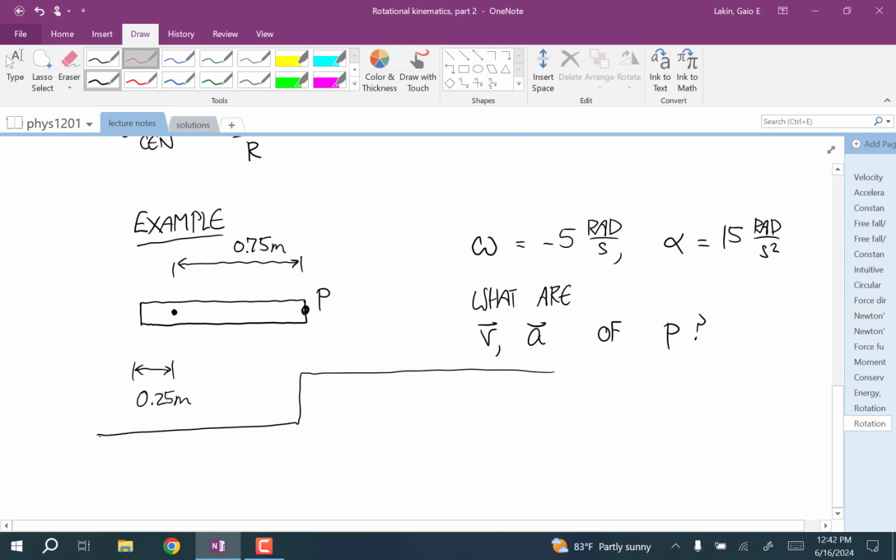Okay, so if you want to visualize the direction of rotation, negative for the angular velocity means that this thing is rotating this way. Positive for the angular acceleration means the angular acceleration is this way. And this point P is moving in a circular path around that fixed point, something like that.